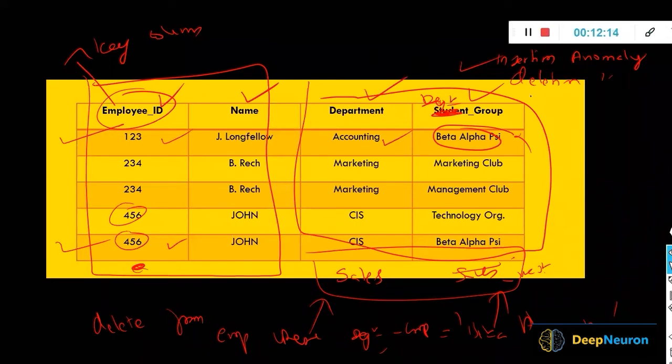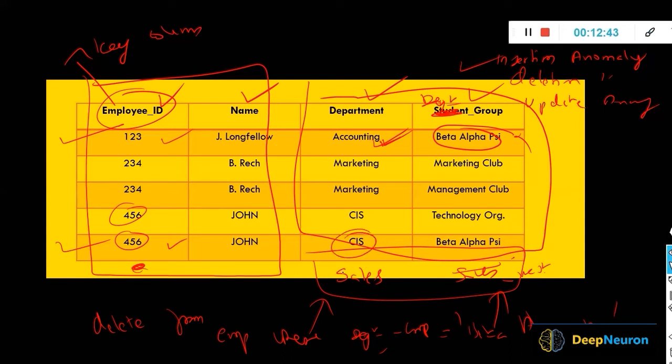And the other one is called the update anomaly. For example, Longfellow was working in the accounts department, and now he wants to switch over to the CIS department. Later, he moved to the CIS department.